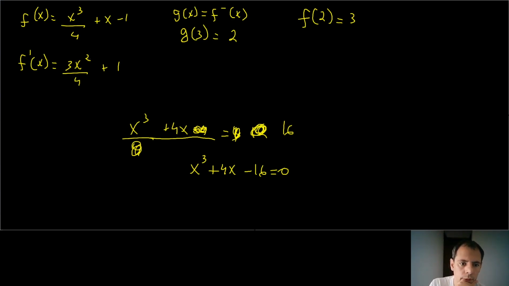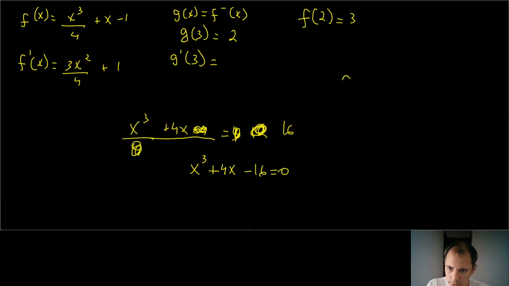All right, and now, what is the value of the derivative of the inverse when x equals 3? So it's asking for the derivative of g at 3. What is it going to be?